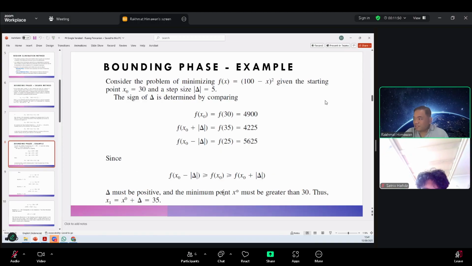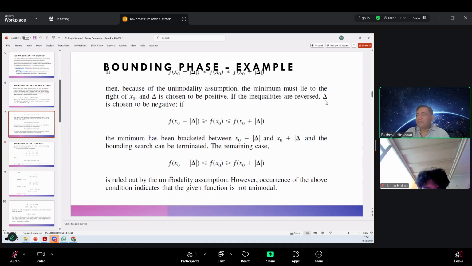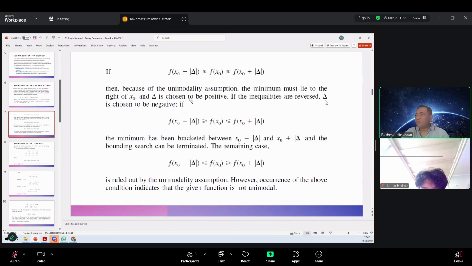Based on this, it could be different. You will probably need to go to the left in some cases. Based on this, you choose positive or negative or in between, or it is actually not convex at all.